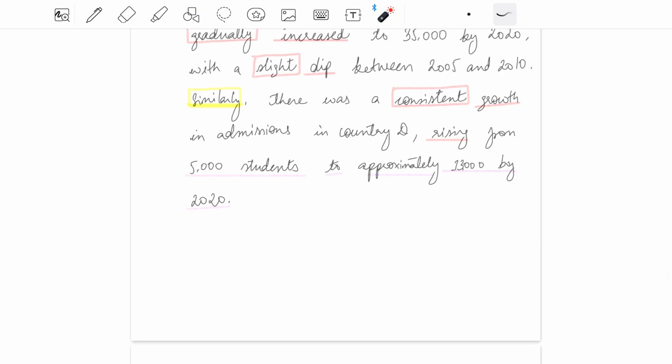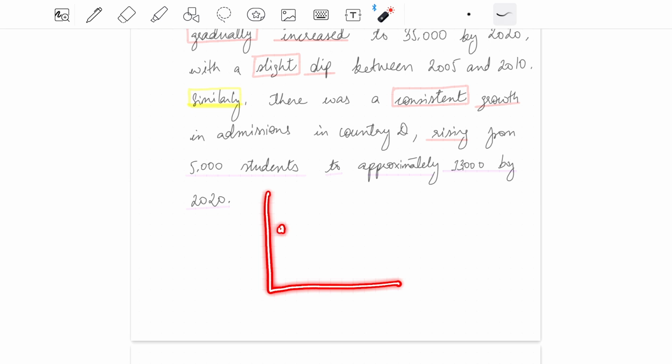Because I've used synonyms, so that will help me in my score of vocabulary, my lexical resource score. It is quite clear. My ideas are logically sequenced. And the examiner, if anyone reads this, they can understand what is happening in the chart without actually looking at the chart, and that is the secret.